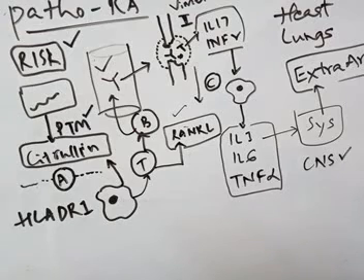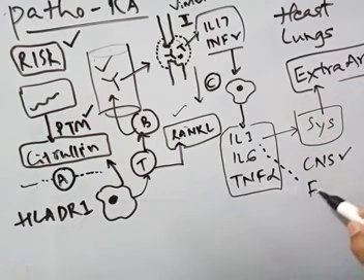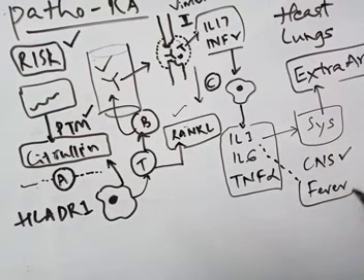In rheumatoid arthritis, the CNS is rarely involved. The only effect is that interleukin 1 leads to fever. Rest all, most of the changes are present in the lungs, pleura, heart, pericardium, etc.